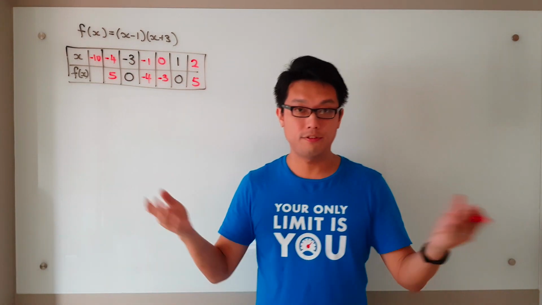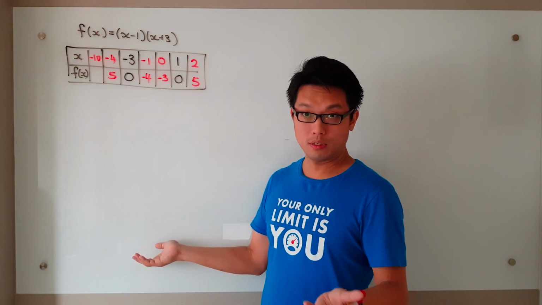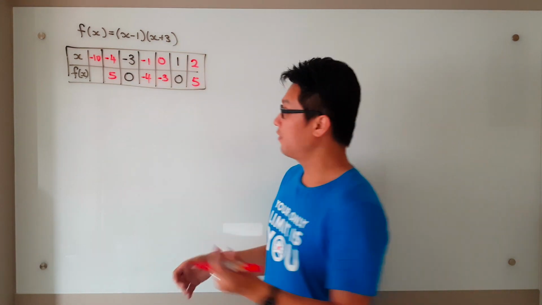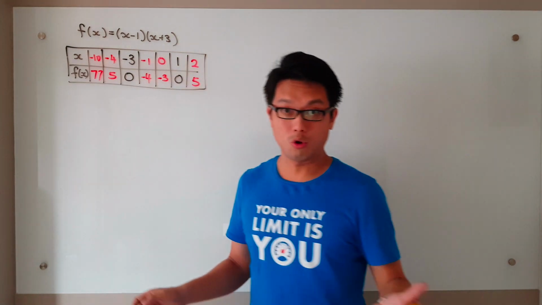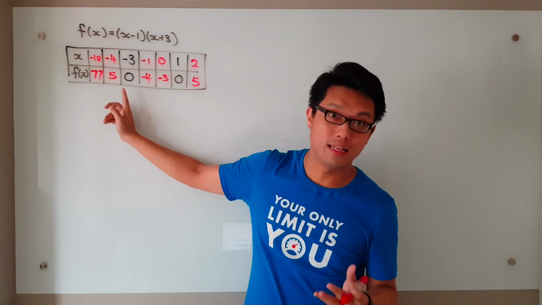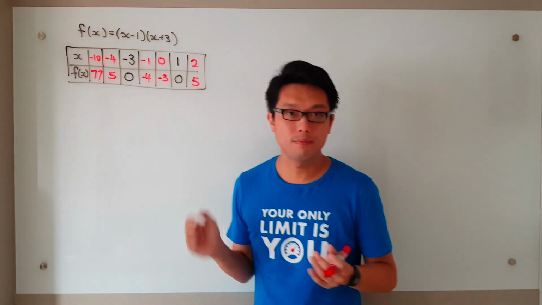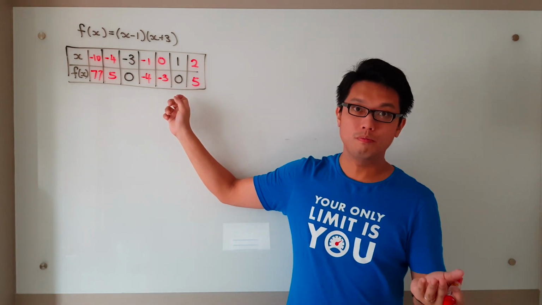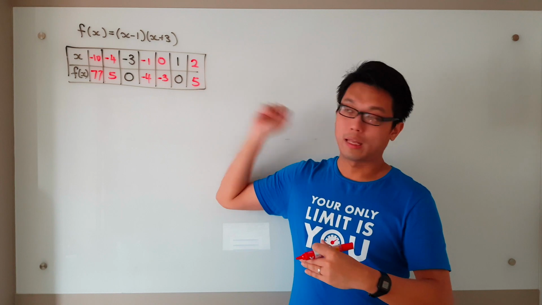Negative times negative is positive, so we end up with positive 77. So it seems to hold that any x value less than negative 3 gives a positive f(x) value, and any value more than 1 gives a positive value.